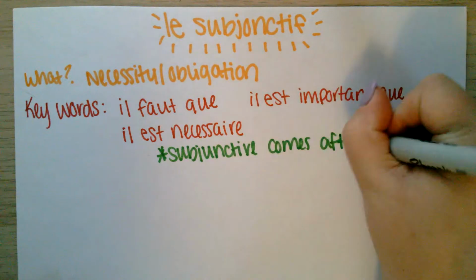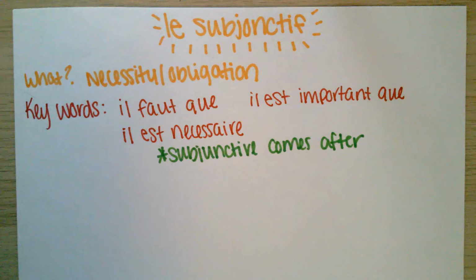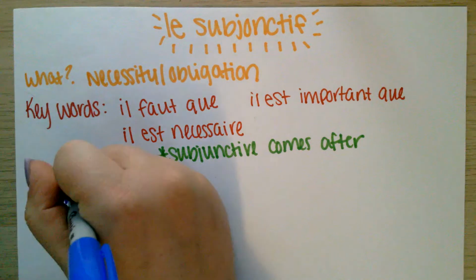All right, so now that we know what the subjunctive is and some keywords, let's talk about how we form it. To form the subjunctive is actually pretty easy. You already know pretty much how to conjugate it. The only difference is that there are some irregulars, which we'll talk about later on. But let's talk about how to form the regulars.